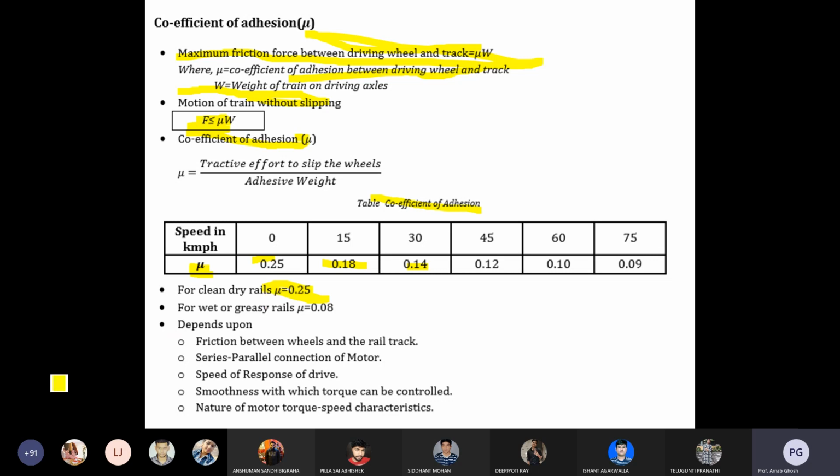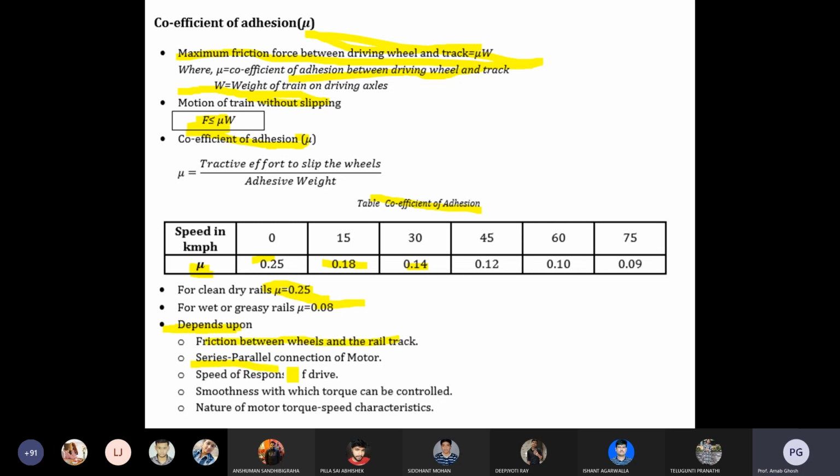For a special case the mu value will be 0.08, that's why you can see that the mu value is less. So it depends upon which parameter and the situation. The factors depend on the friction between the wheels and the railway track, so it's an important point.